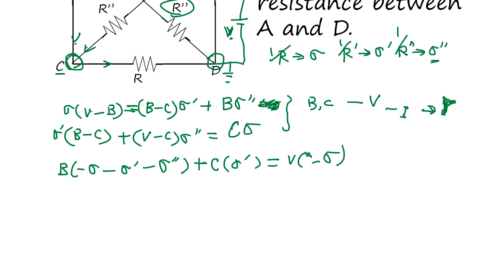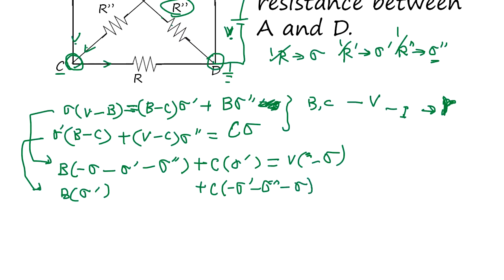Okay, here the second equation, B sigma prime, that's it, plus C times minus sigma prime minus sigma double prime minus sigma equals V minus sigma double prime.